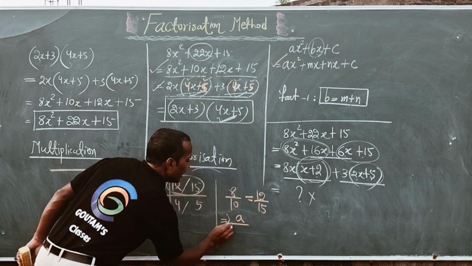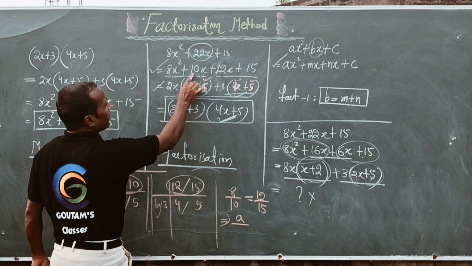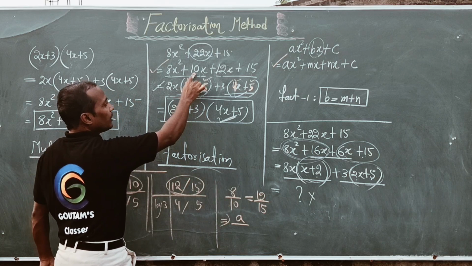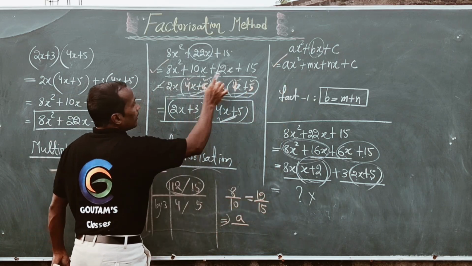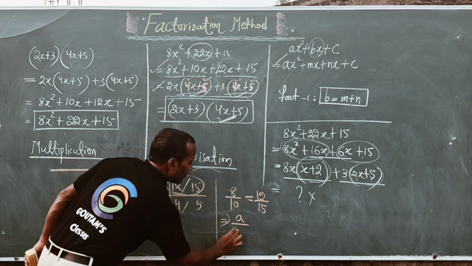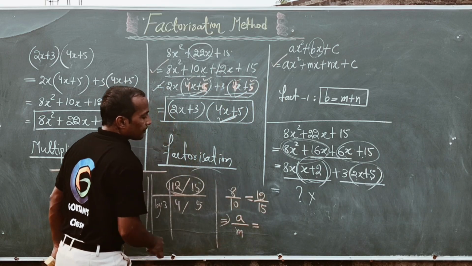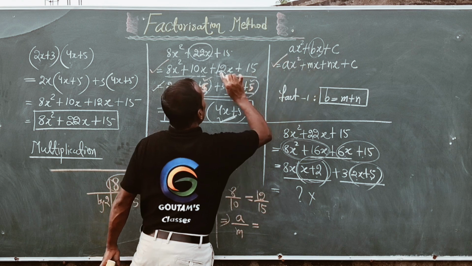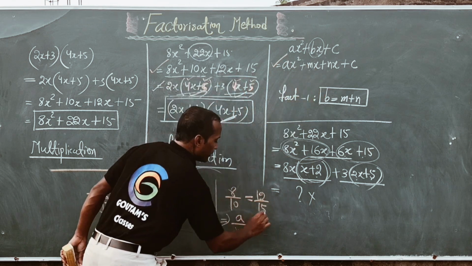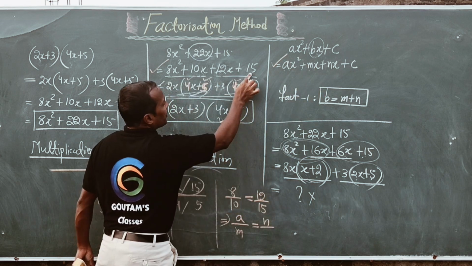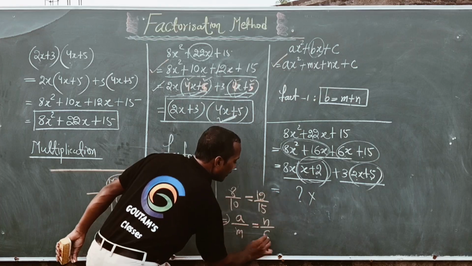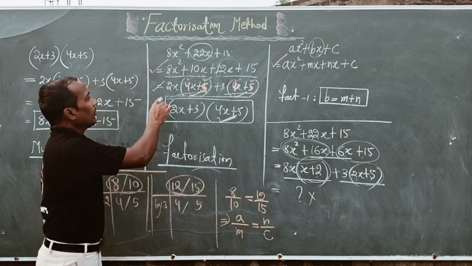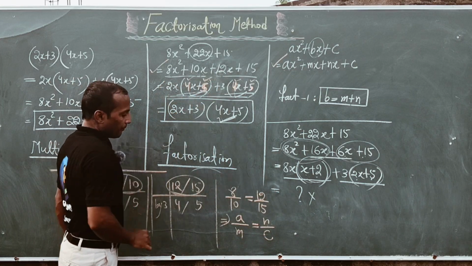So in place of 8, I write a. Who is 10? The coefficient of the second term, that means m. m is 10. So in place of 10, I write m. Then 12 is the coefficient of the third term, which is n here, and the constant term 15 is c. That means 8, 10, 12, 15.